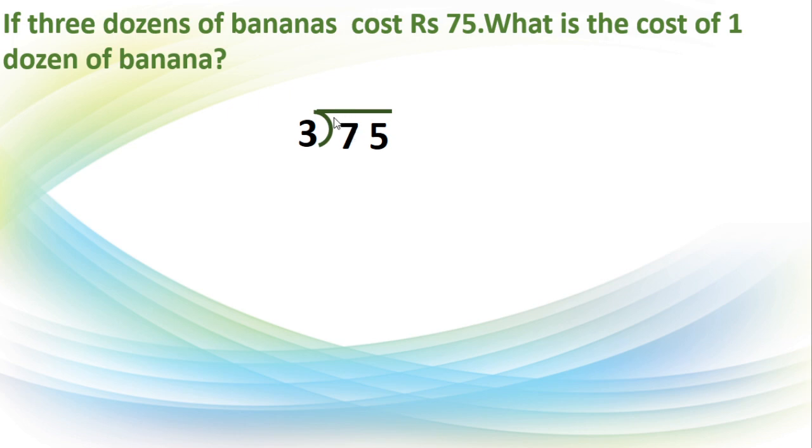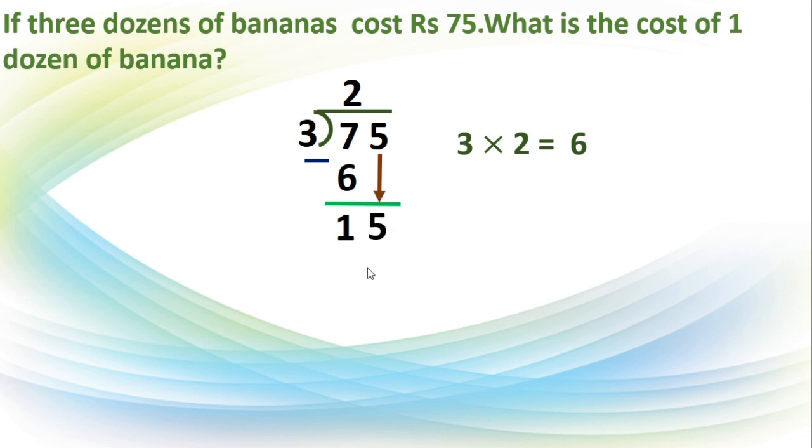Now see dear children, here 7 is in the tens place and 5 in the unit place. We will go for this first, isn't it? Now 3 is much smaller than 7. So we will go for 3's table. 3 ones are 3, 3 twos are 6, isn't it? So we will take 3 twos are 6. Correct? Now 7 minus 6 is nothing but 1. Now 1 is smaller than 3. So we will take this 5 down. Now it became 15.